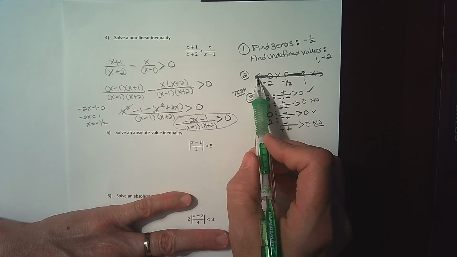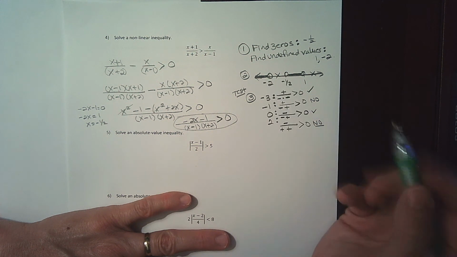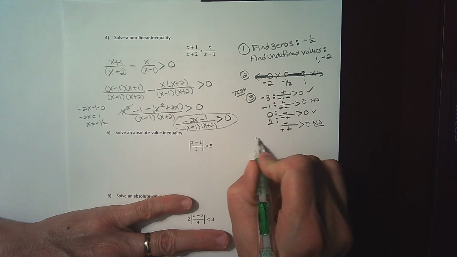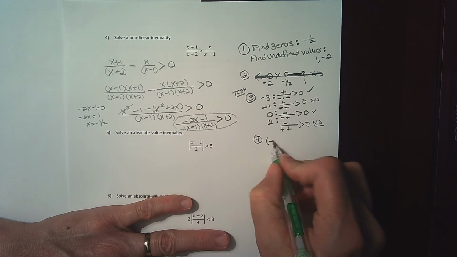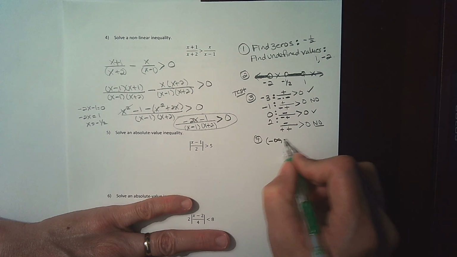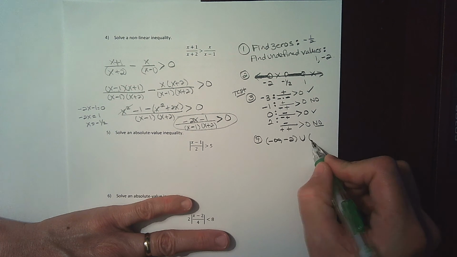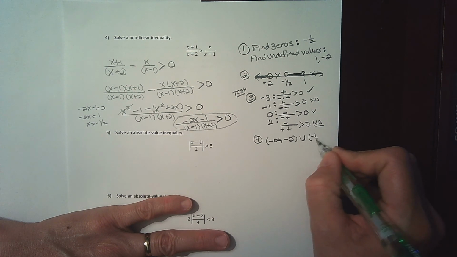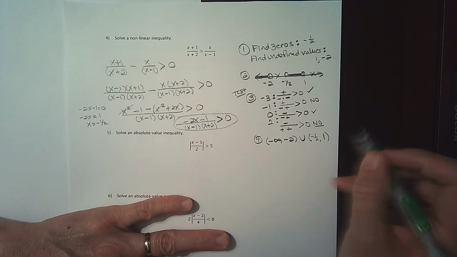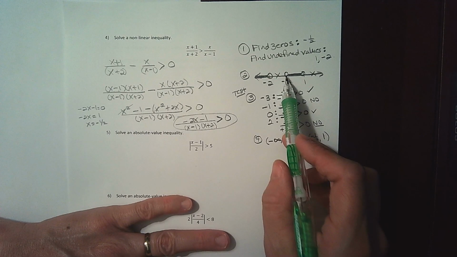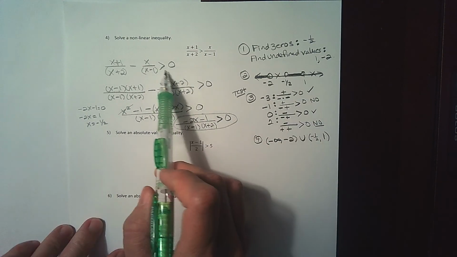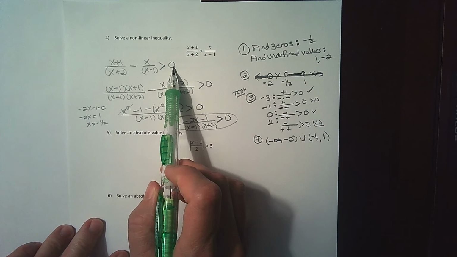So you can see my solution set again graphically, but I could state it as -infinity to -2. And again, that's coupled with the interval from -0.5 to +1. Notice that once again, I'm not including my endpoints, and that's because this says strictly greater than 0.